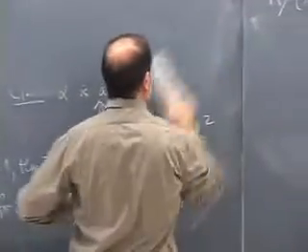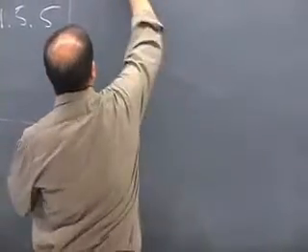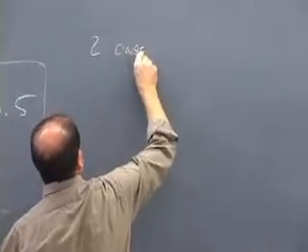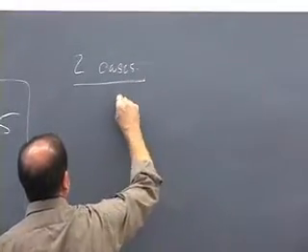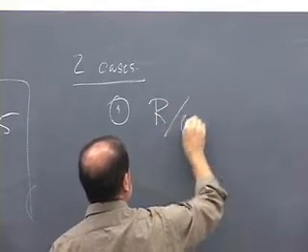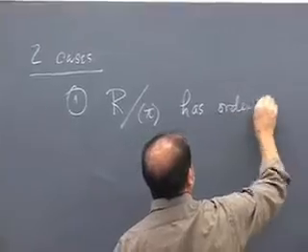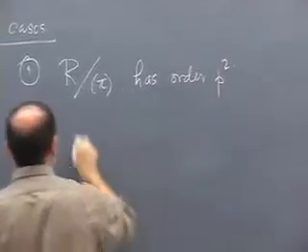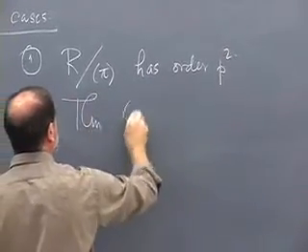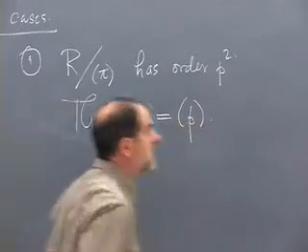And this is where the real number theory starts. And you're going to start to see why this is so much fun for the next week. There are two cases. One, R mod pi has order p squared. Then the ideal generated by pi is the same as the ideal generated by p.